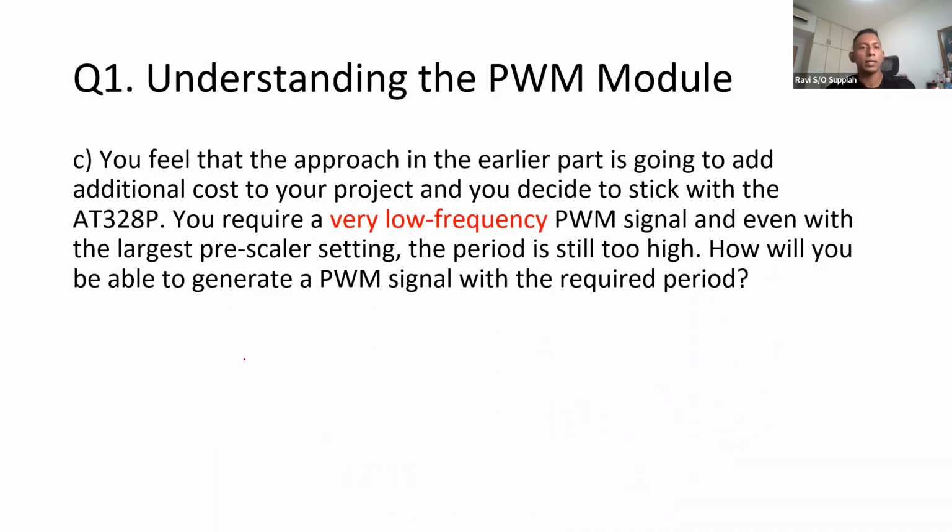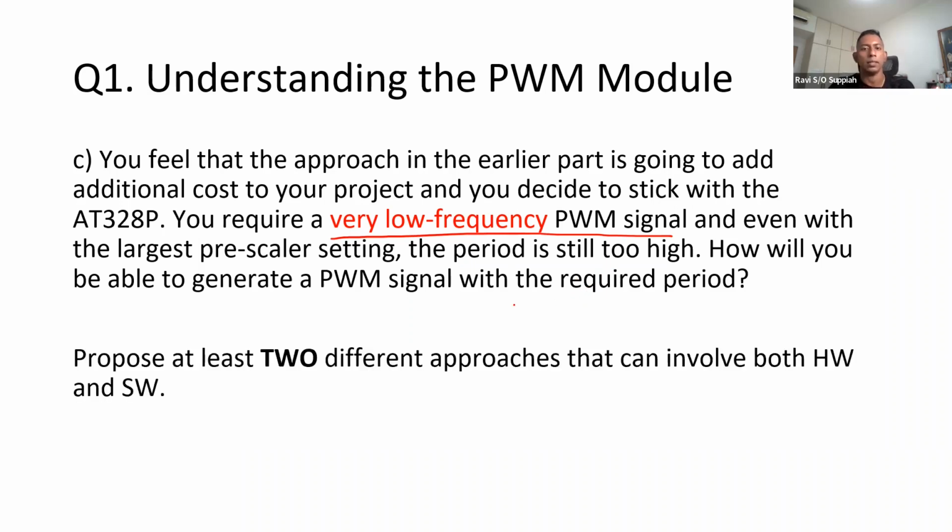Another scenario is that we want to generate a very low frequency PWM signal, and even with the largest prescaler setting, the period is still too high. We know that the clock that we have, which is 16 megahertz, goes through a prescaler.